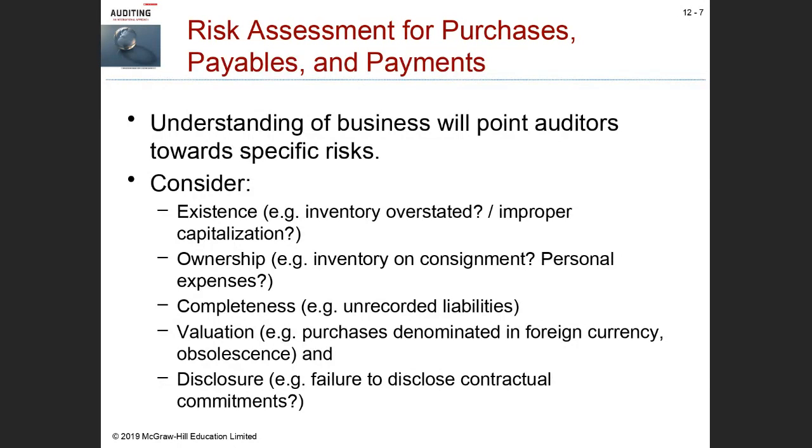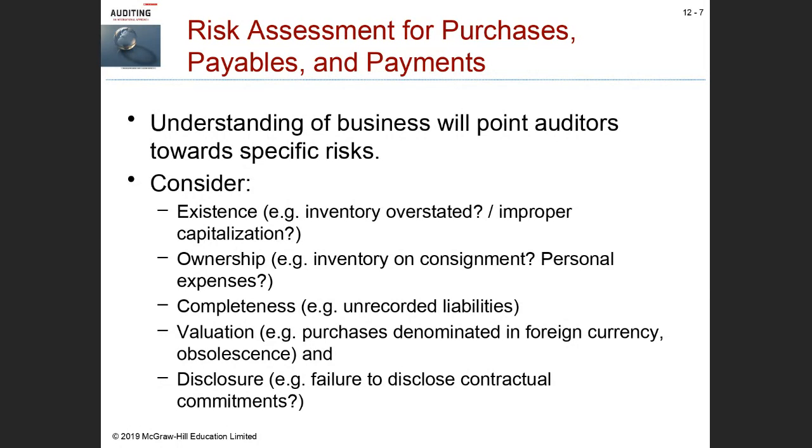We call that auditing by walking around. You can discover a lot of information as an auditor, as a member of management, by walking around, and having an eyes-open approach in terms of looking at and learning about what's going on in our business. And then the last item, disclosure.